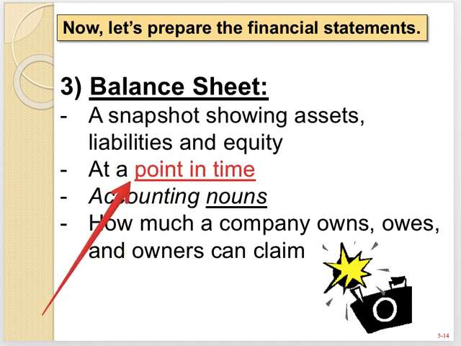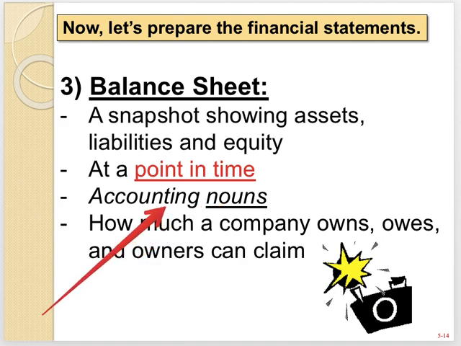Okay, it tells me how much cash do I have at the end of the month, or how much do I owe at the end of the month, or at the end of the year. And I think of the balance sheet as really accounting nouns, things. Okay. And you measure these things really at a point in time, right?